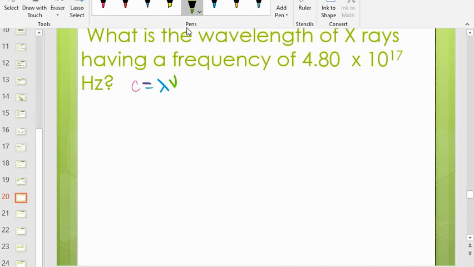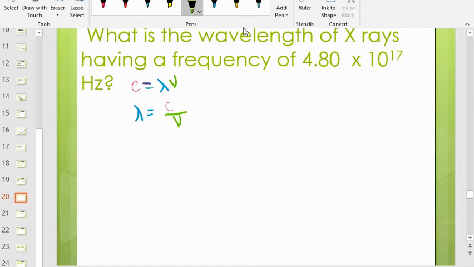If I want to get wavelength on the bottom, I'm sorry, let me back that up. I'm going to have my wavelength will equal my speed of light over the frequency.